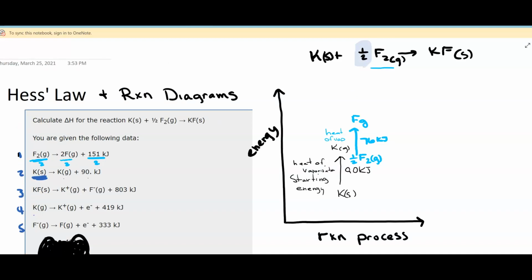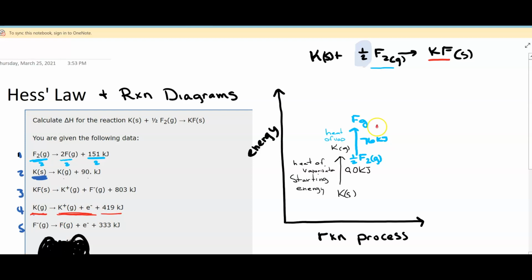This is a salt, potassium fluoride, that we're forming. And to form potassium fluoride salt, we need to have our reactants as ions, not as atoms. So let's look at how we're going to change potassium gas into potassium ions. Do I see that somewhere? I see that potassium atoms, to become ions, need an extra 419 kilojoules of energy.